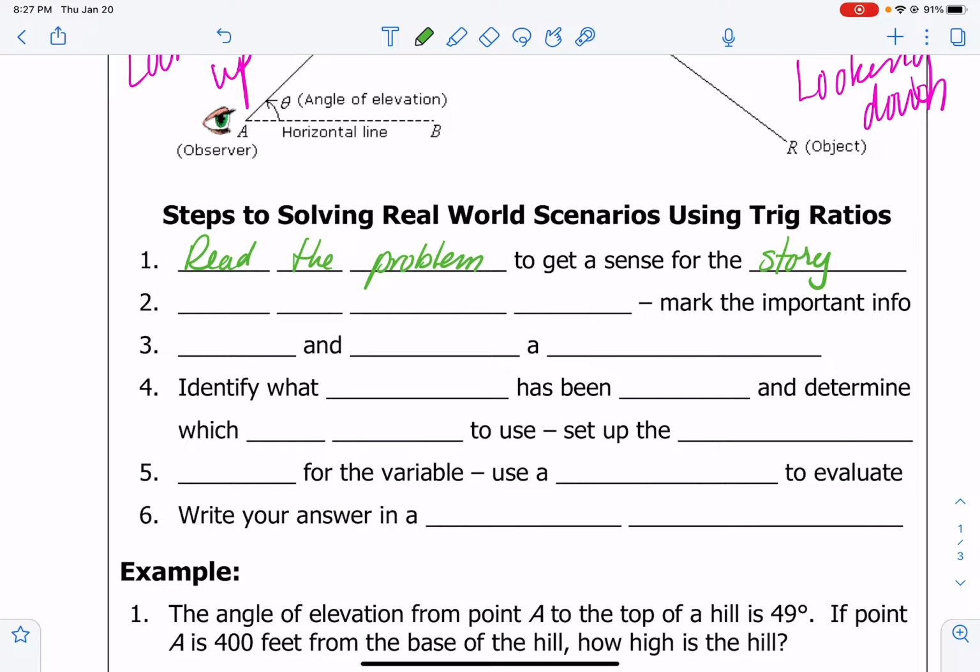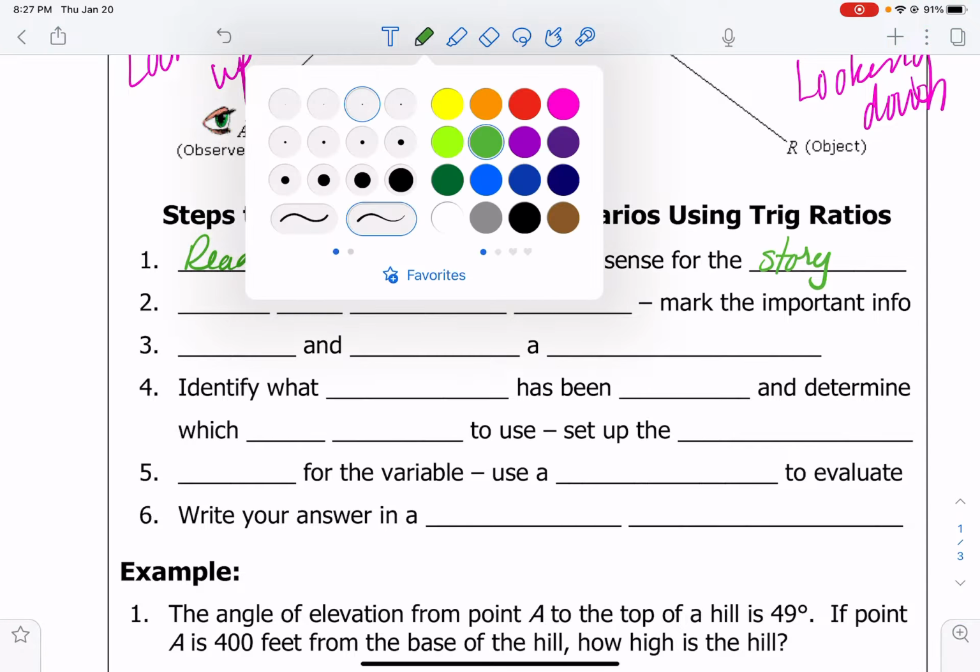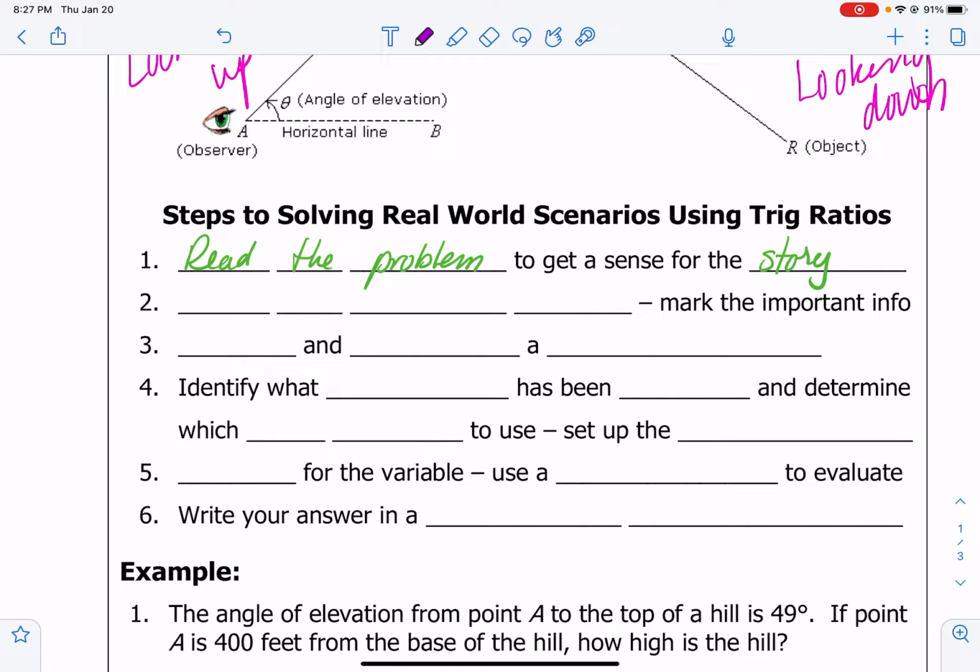Do we know the angle? Do we know the distance? Get a sense of the story. Then we read it again, marking the important information. Figure out what you have and what you need.